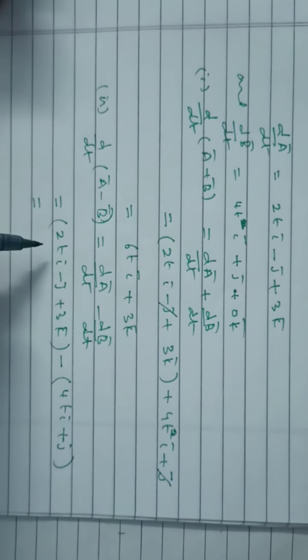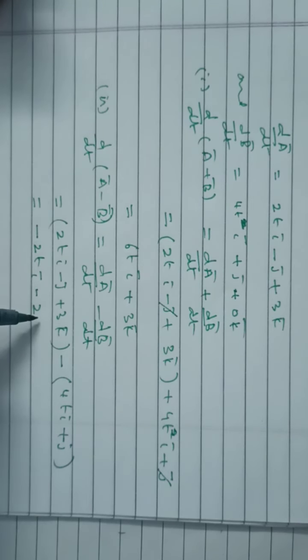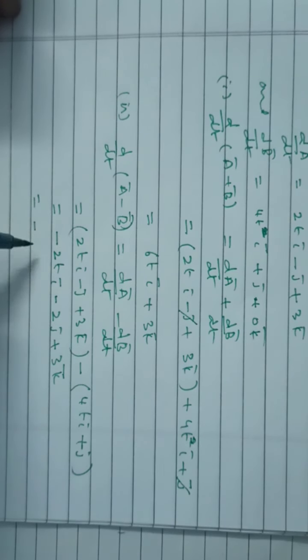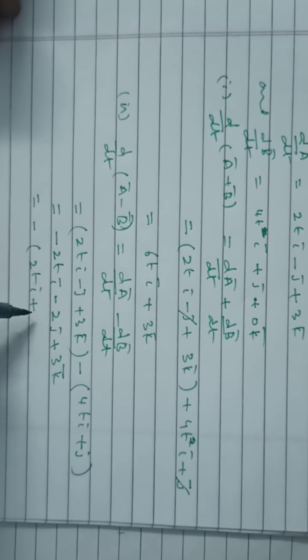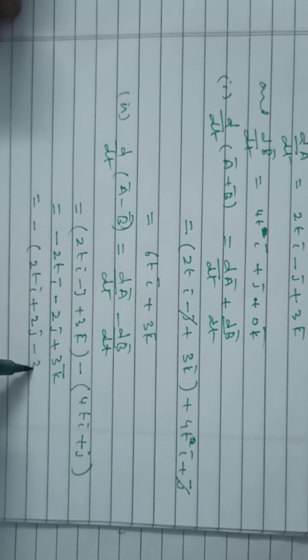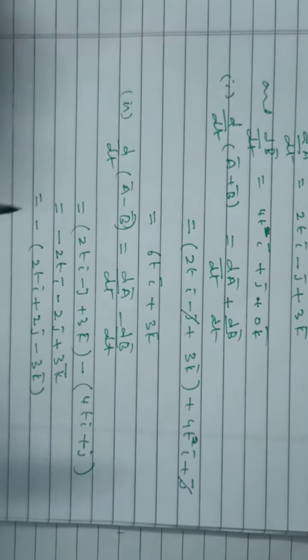So i bar terms first, here is 2t i bar minus 4t i bar, so that is minus 2t i bar, j bar terms are minus 2 j bar plus 3 k bar. Take minus common, that is minus of 2t i bar plus 2 j bar minus 3 k bar. So it is easy to find the derivative of the sum and difference of two vectors.